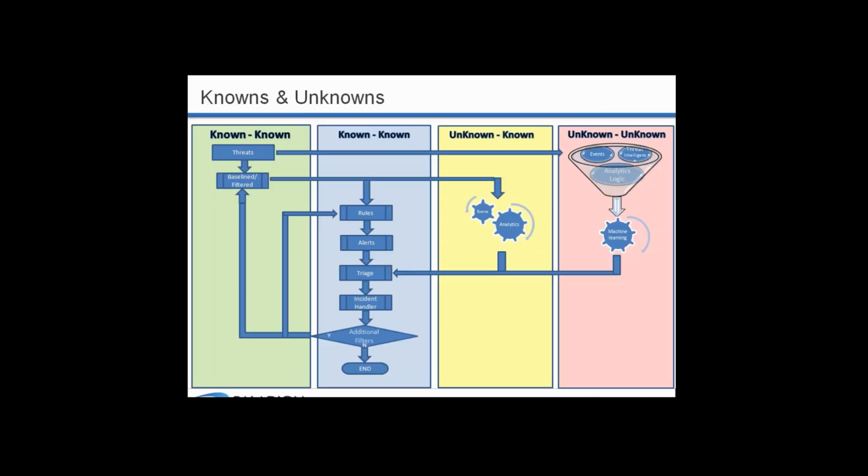Therefore, it is also important to note that we have to bring all the unknowns into the known territory once they have been discovered. Today in this webinar, we will only cover the unknown known category. I think the unknown unknown could be a topic for another webinar later.